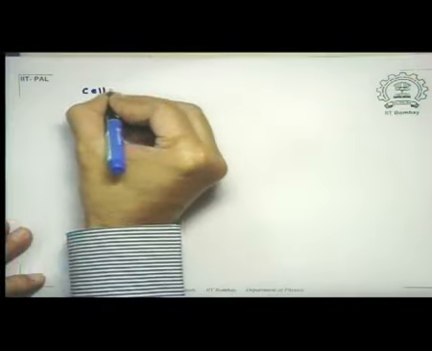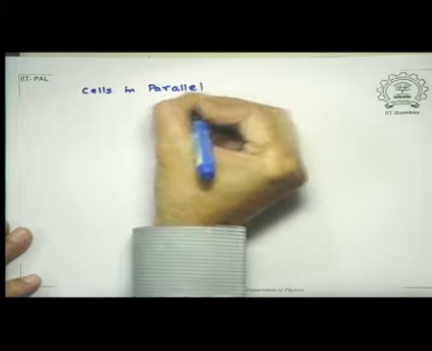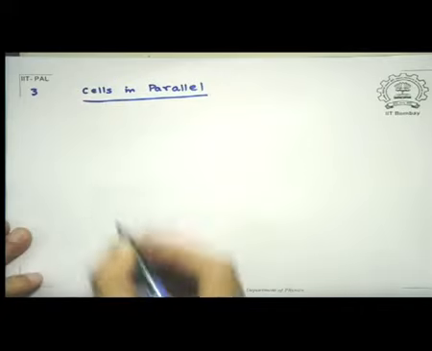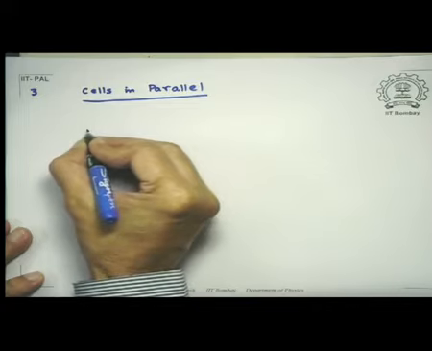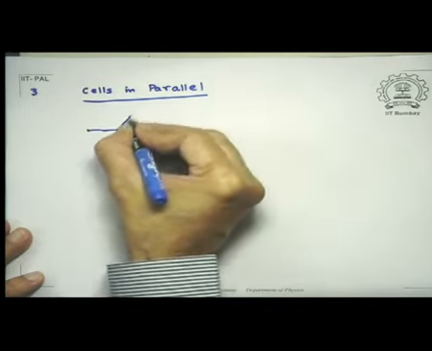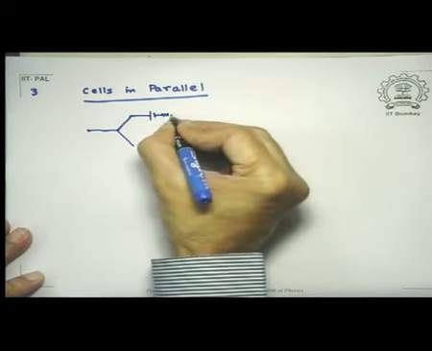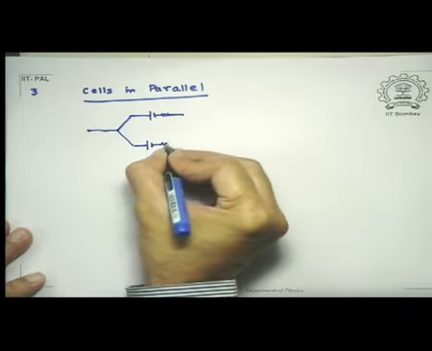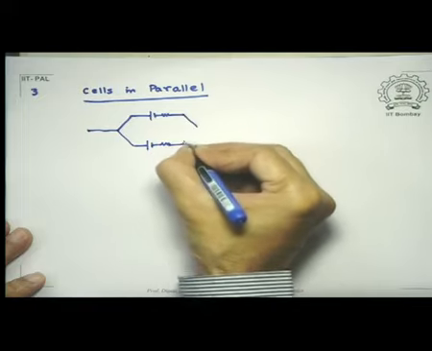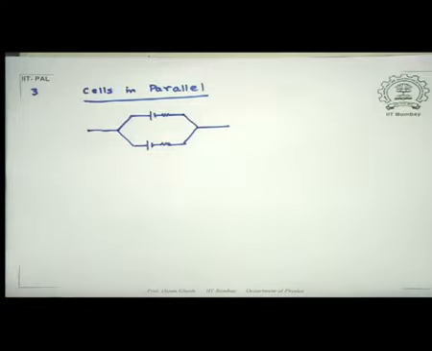So let us look at how to add cells in parallel. The combination is very simple, just the way you do resistances. So I have a situation like this. So let us look at this combination.